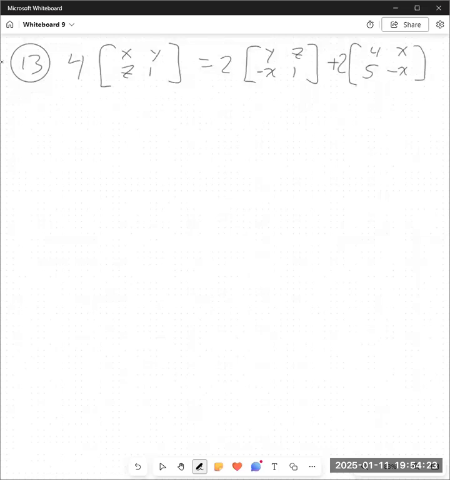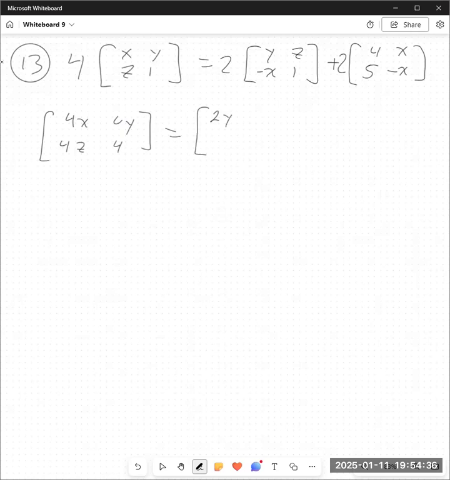So let's simplify both sides. This is 4x, 4y, 4z, 4. This is 2y, 2z, negative 2x, and 2. And this is 8, 2x, 10, and negative 2x.